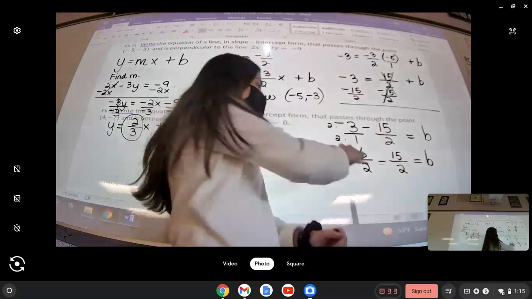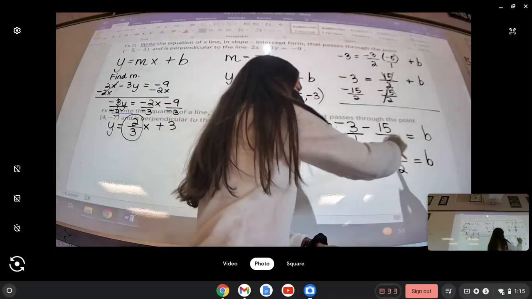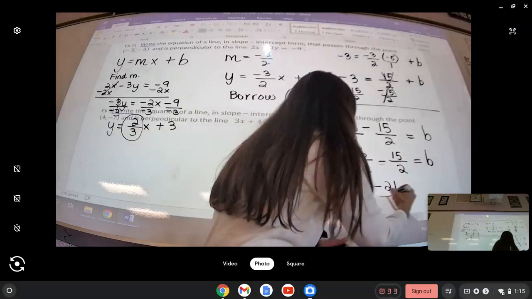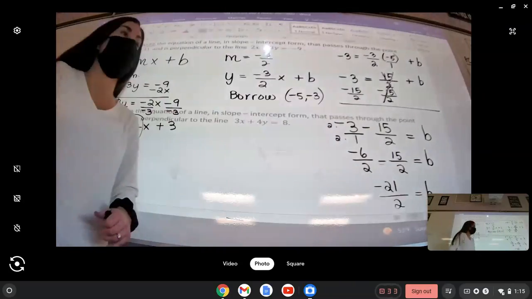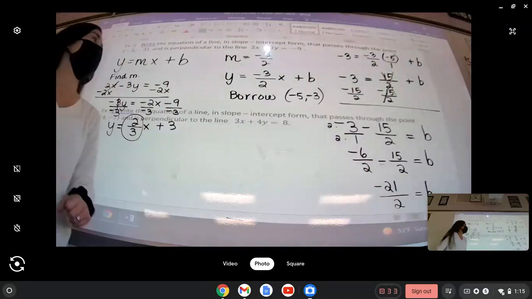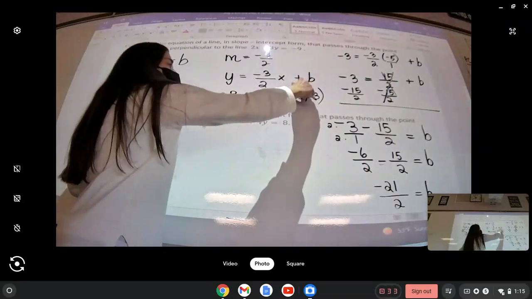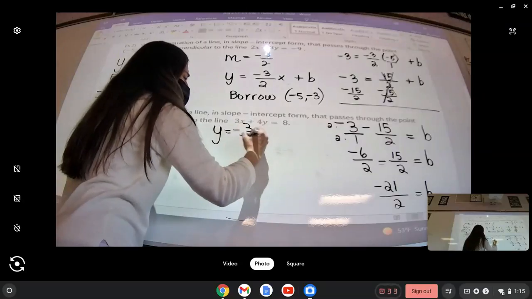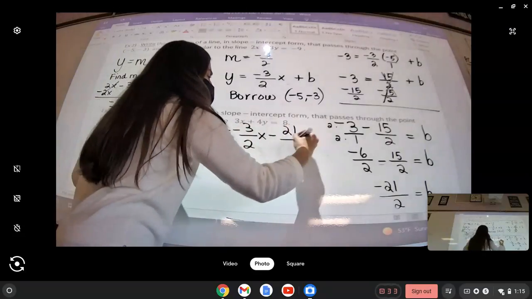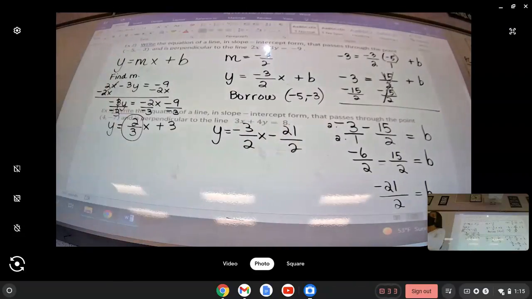All you have to do is the top. -6 minus 15 is -21 over a common denominator of 2. Doesn't reduce. -21 halves is B. So all you have to do is plug it in right there, and you get y equals -3 over 2 x minus 21 halves.